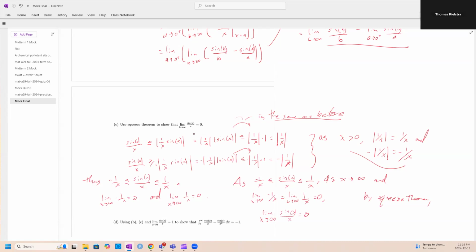And this here should be x approaches infinity, or we should be doing limit as b approaches infinity of sine b over b.